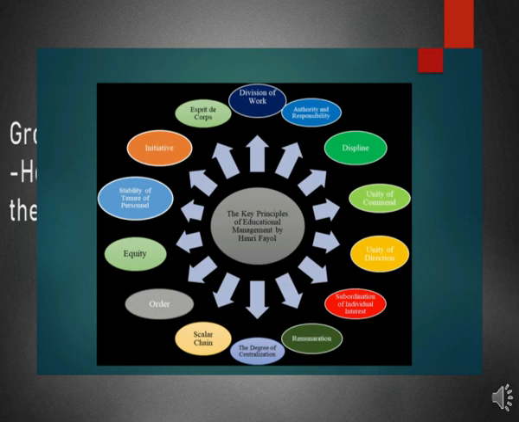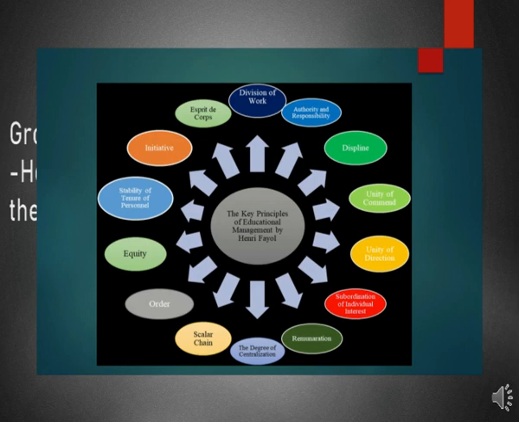Collective interest over individual interests. Individuals should pursue team interests over personal ones, and this includes managers as well. Remuneration. Employee satisfaction depends on fair remuneration for everyone, financial and non-financial. Centralization.